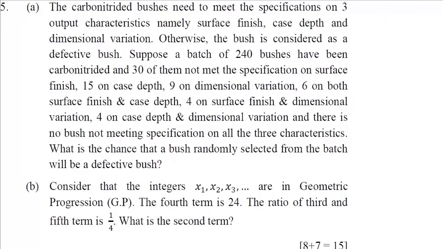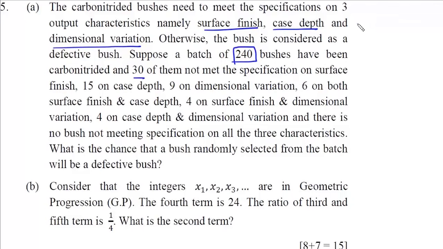Now question number 5 is: the carbonitrided bushes need to meet the specifications on surface finish, case depth and dimensional variation. Otherwise, the bush is considered as a defective bush. Now, we have a batch of 240 bushes, and out of them, 30 do not meet the specification on surface finish.